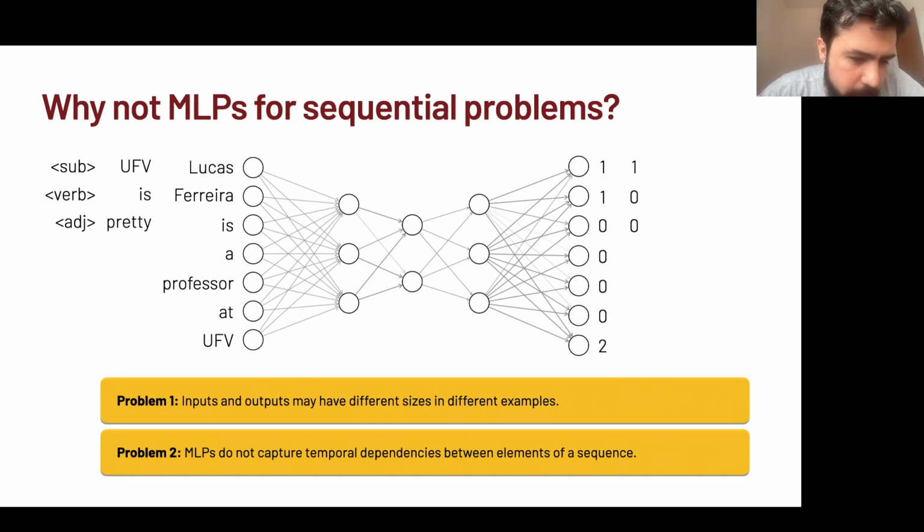And the second problem that I'm highlighting here is the one we discussed before, which is that MLPs don't capture the temporal dependencies between elements of a sequence, right?